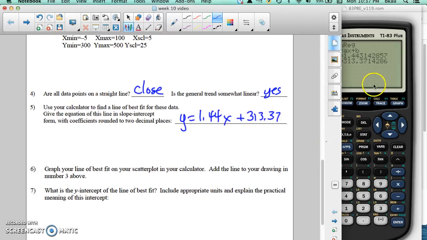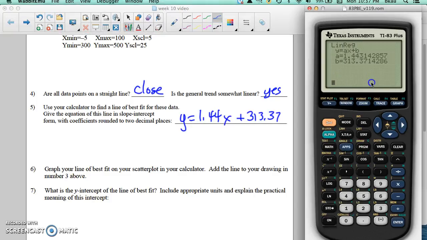Graph the line of best fit on your calculator. Add the line to your drawing in the equation above. So if we want to graph this, we would then type in y equals 1.44 x plus 313.37.